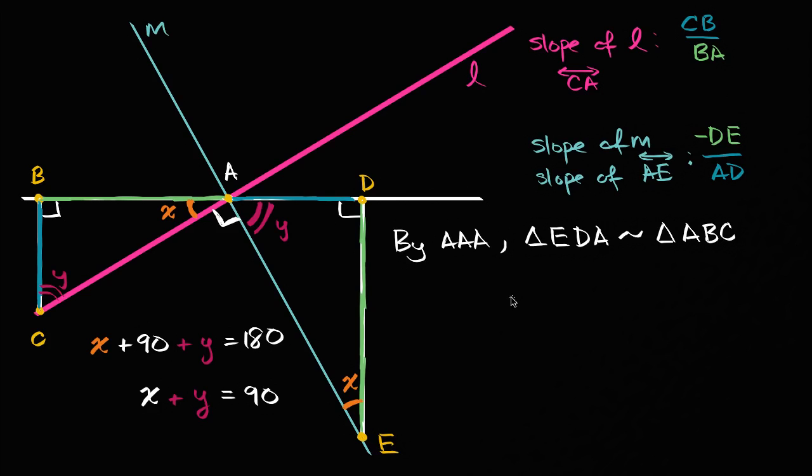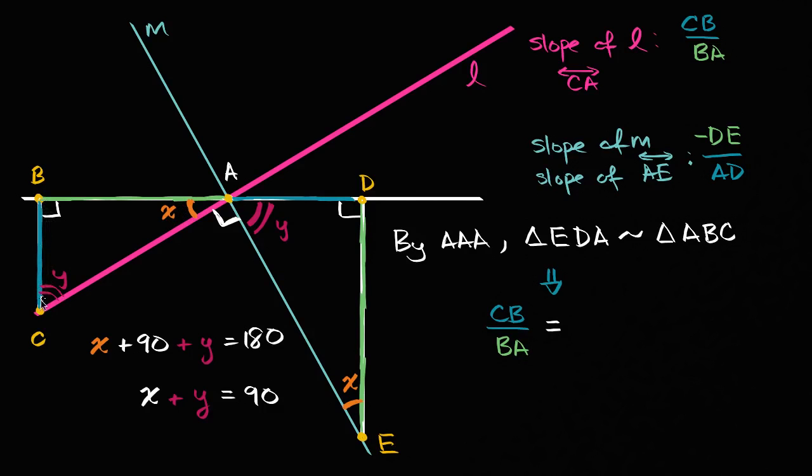And so, for example, let's find the ratio of corresponding sides. We know that the ratio of, let's say, CB to BA, so let's write this down, is going to be equal to, well, the corresponding side to CB is the side opposite the x degree angle right over here.